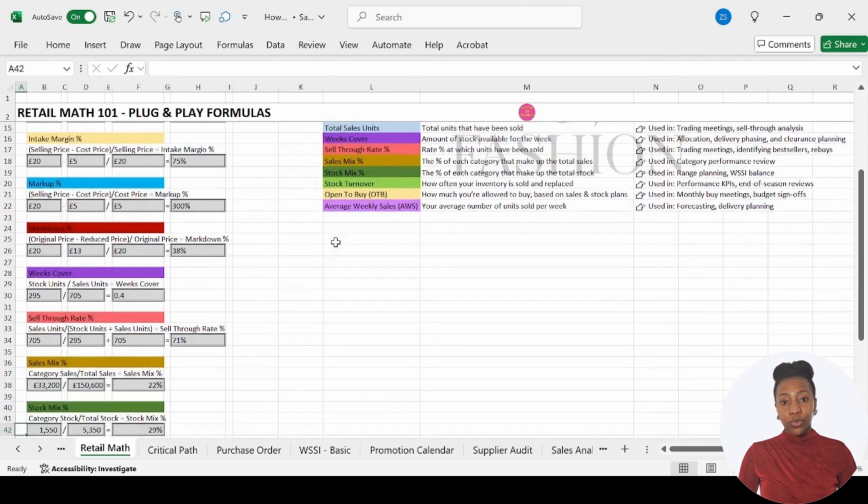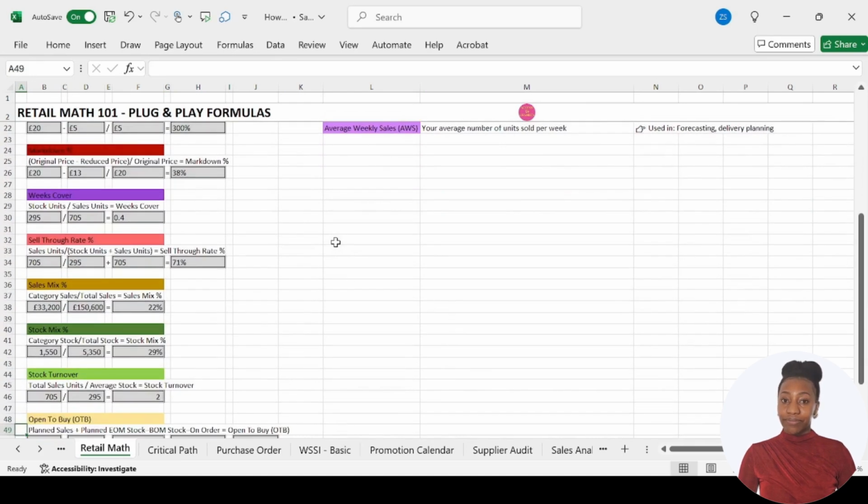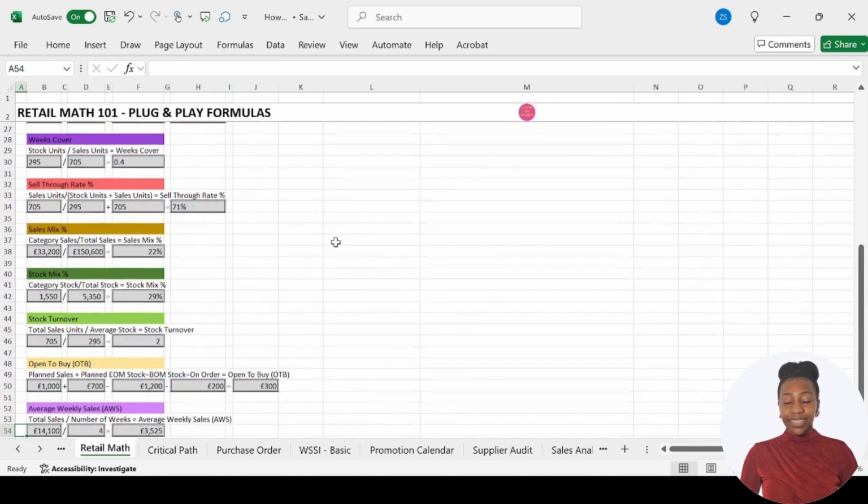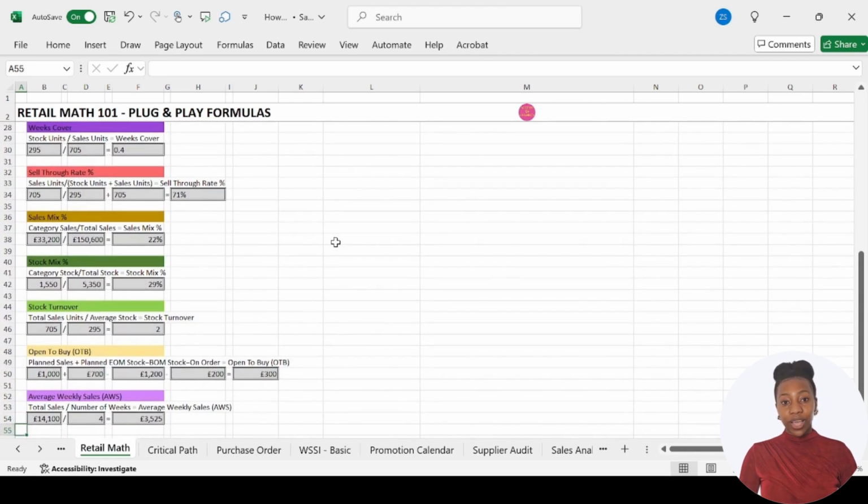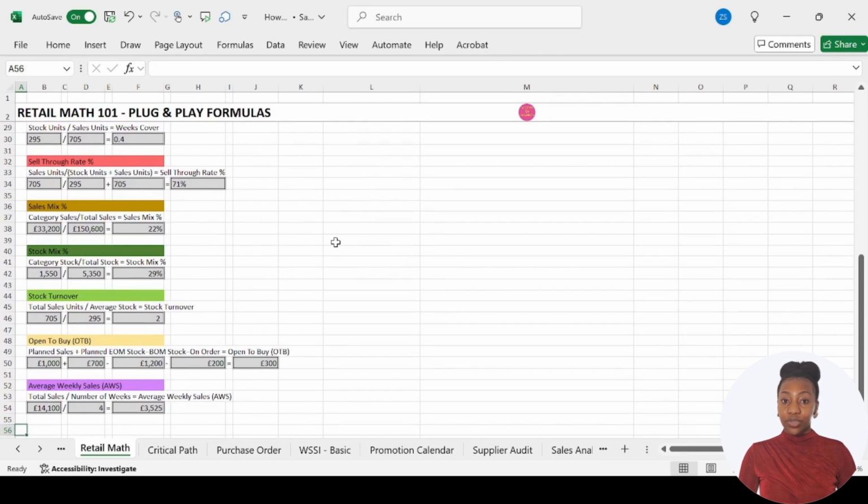Like, remember before where we mentioned knowing how much is going to sell in a week. So it's things like that. Predicting is what you would use your average weekly sales for. So you'd say total sales divided by the number of weeks, and then that's your average weekly sales. So obviously that's captured over a period of time.